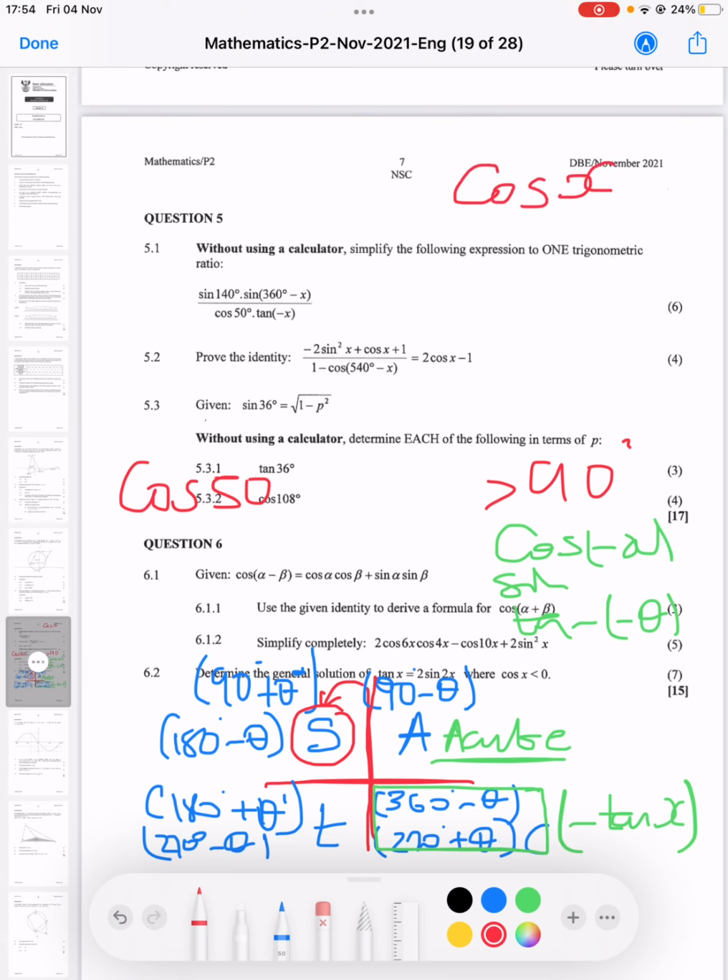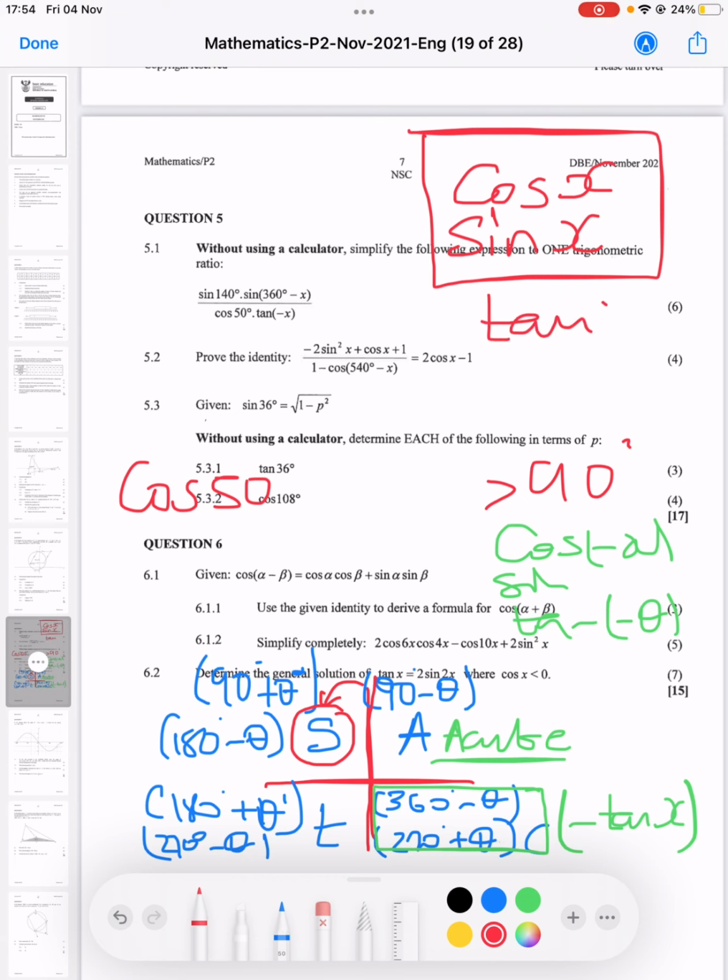Maybe for now let me remove tan and say you just want to convert everything to being a cos or sine. Only tan angle, you can have it as your final answer, but not in the steps in between.